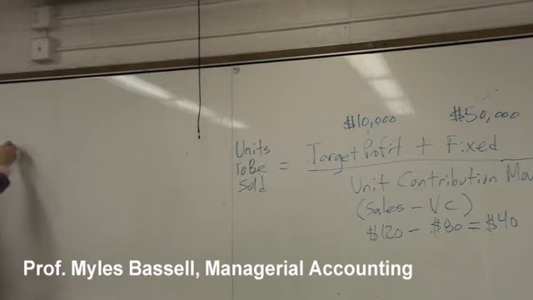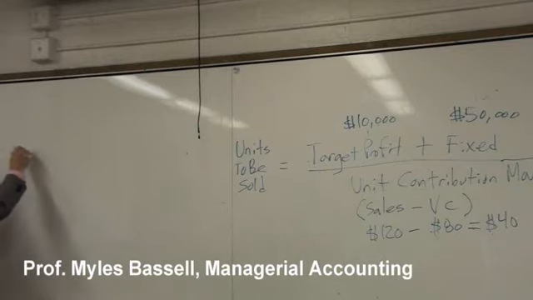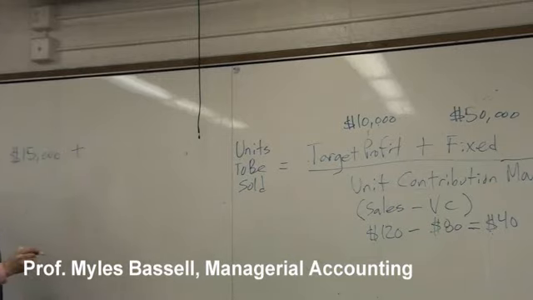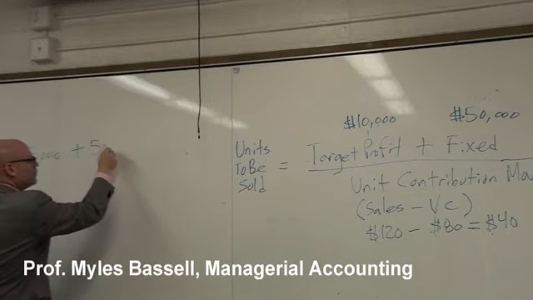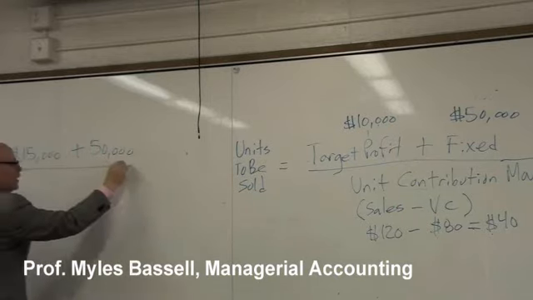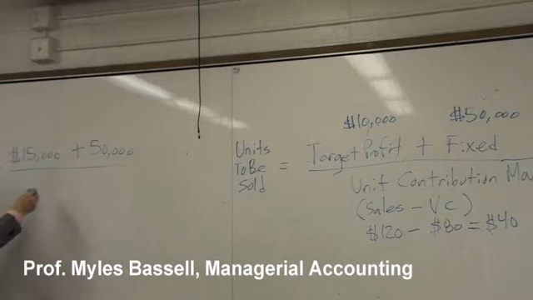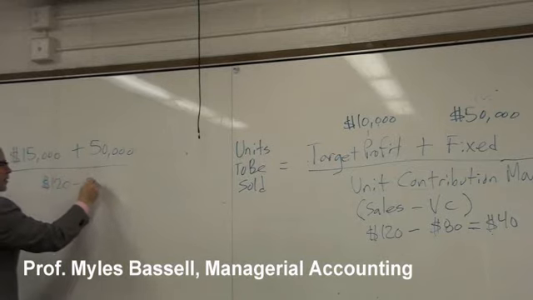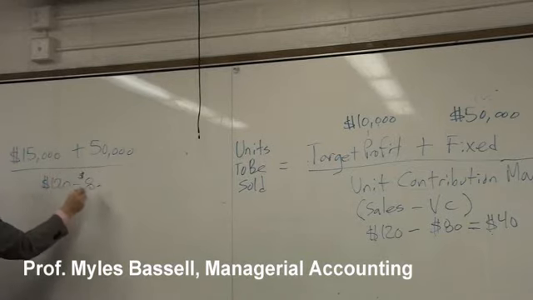15,000. Do you want to do it like that, or do the equation? No, let's start with the formula approach for now. Then we'll do the other one. Okay. 15,000 is the target profit, plus 50,000 fixed cost, divided by the unit contribution margin, which is the same 40, so it's $120 minus 80, equals $40.